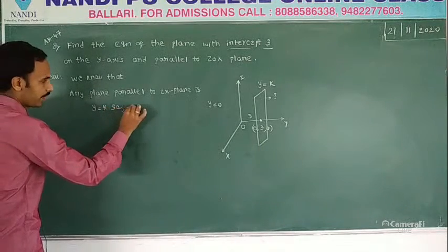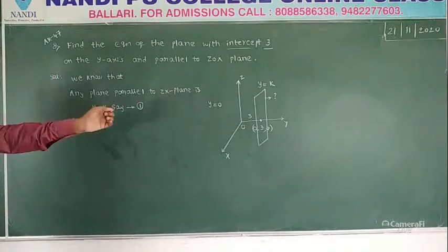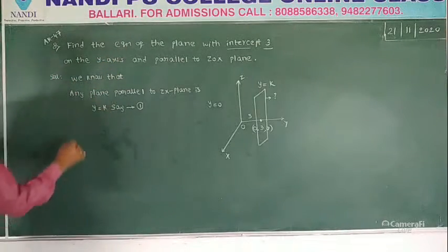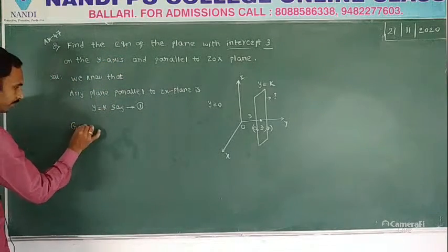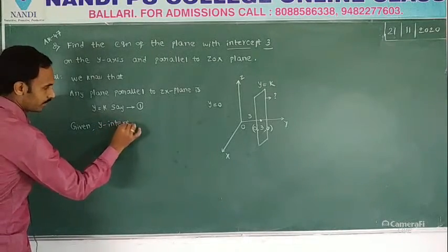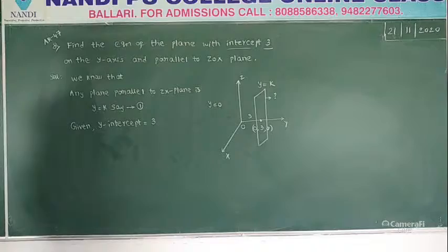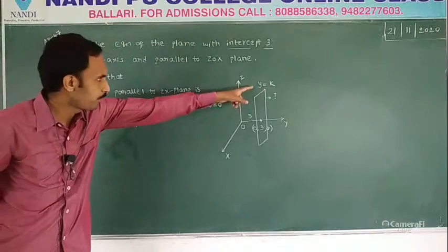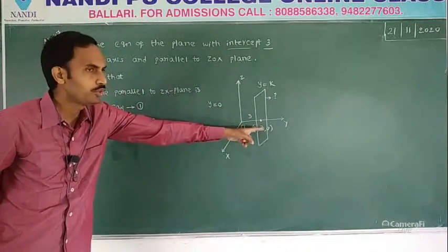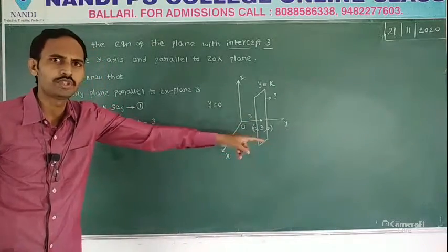Take this as equation 1. According to the data, the y intercept is equal to 3 units. Automatically, this required plane is passing through 0, 3, 0.